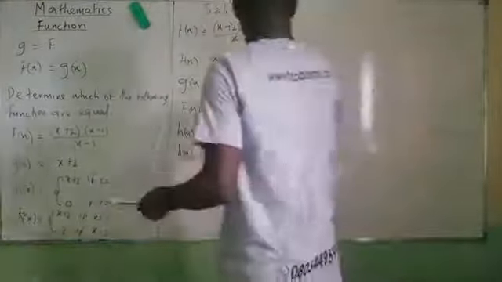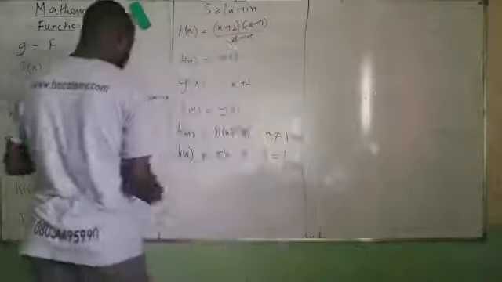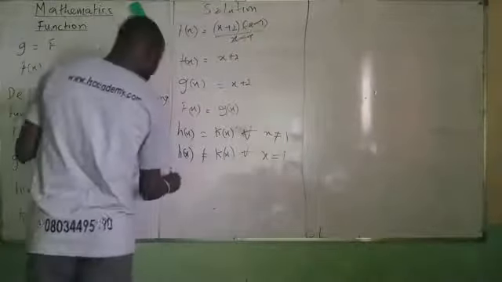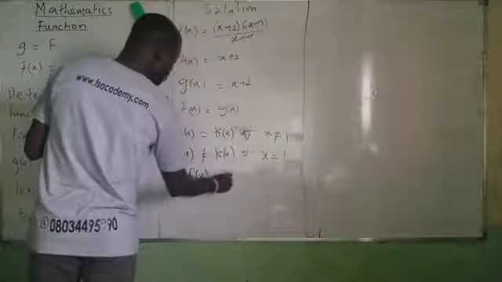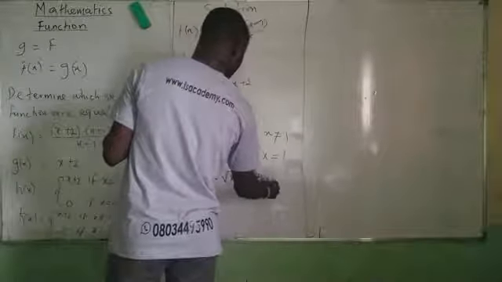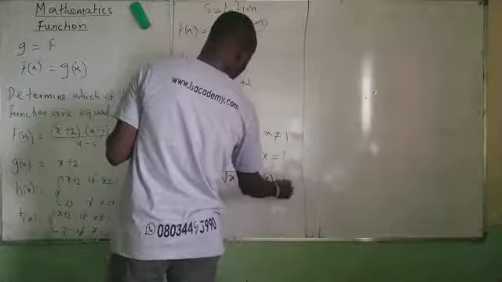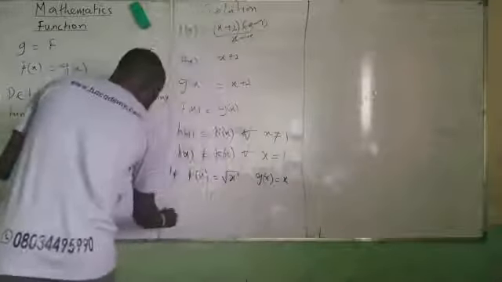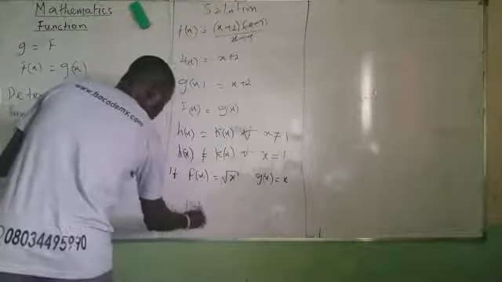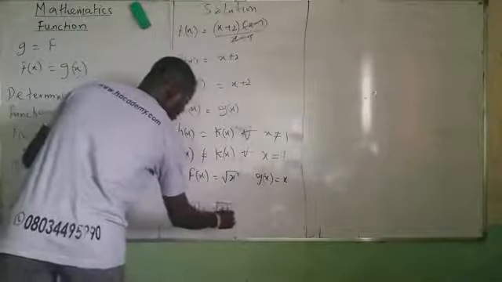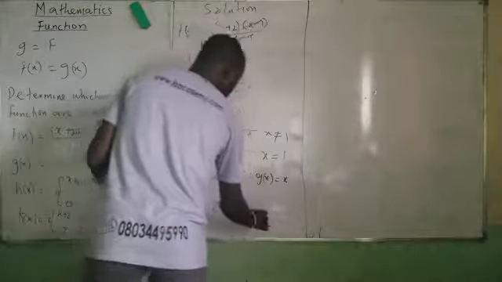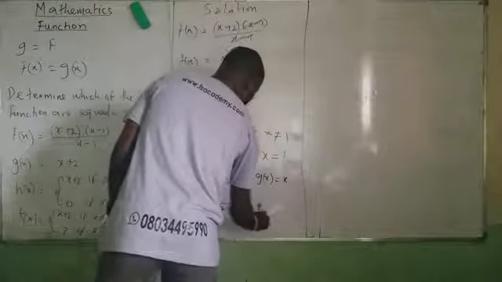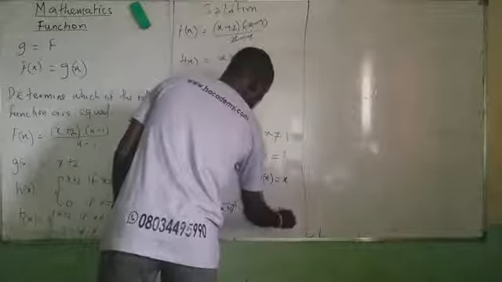Now let me try to play along with another question for better understanding. Look at this particular problem. If f of x equals the root of x squared and g of x equals x.